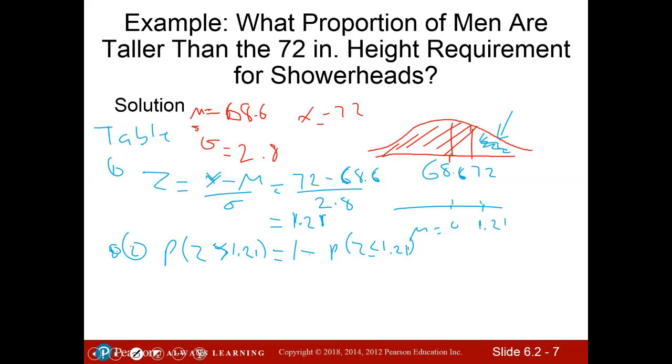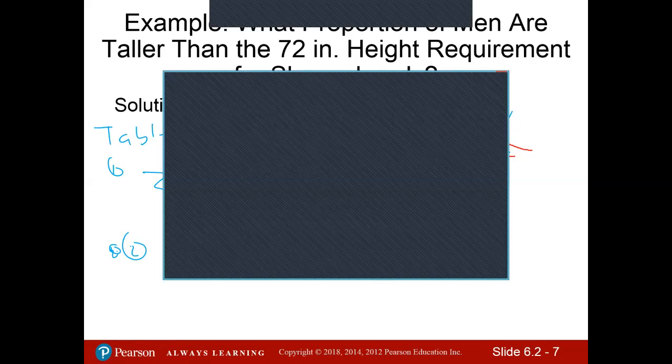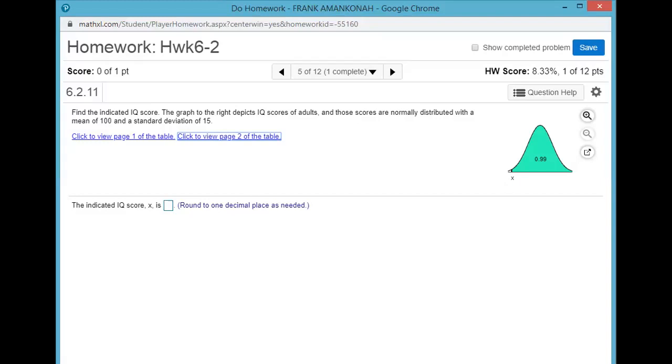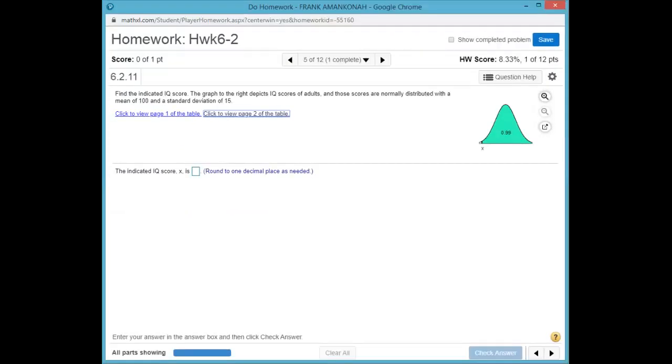So now, what is this probability? I can go to the table and do that. Let me share my screen with you. I'm going to my table. There's homework, which I'll come back to and solve one of the problems in a minute.